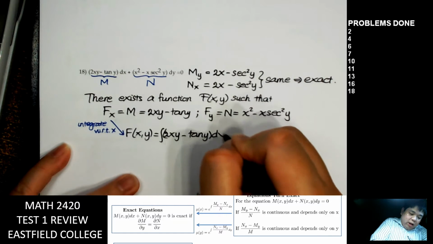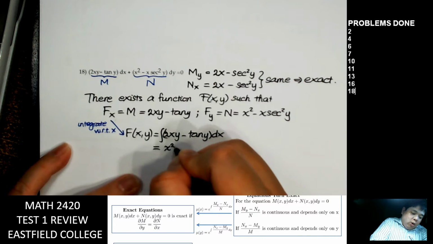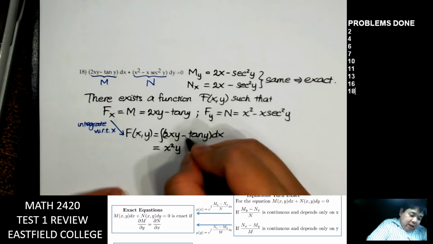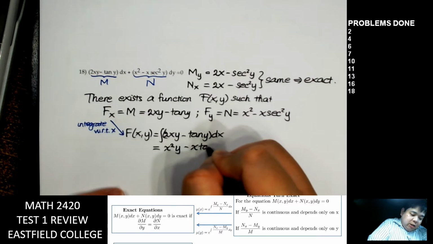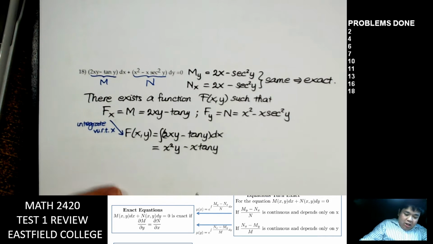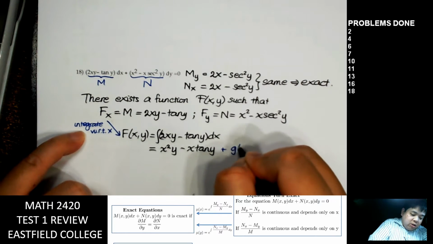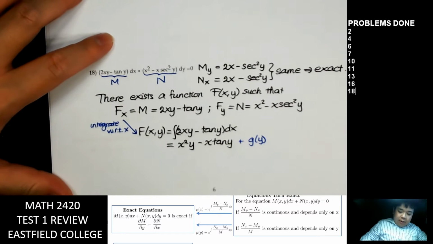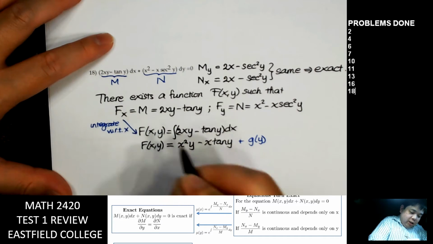The integral with respect to x gives x squared, so we have x squared y, the integral of 2x. And then here we have a constant, so we're going to stick an x to it. And since we integrate with respect to x, we should have a constant which depends on y, g of y. That is still the function f of x, y.